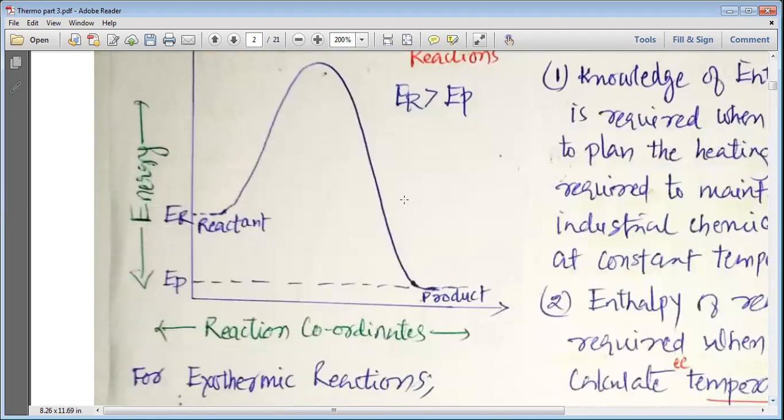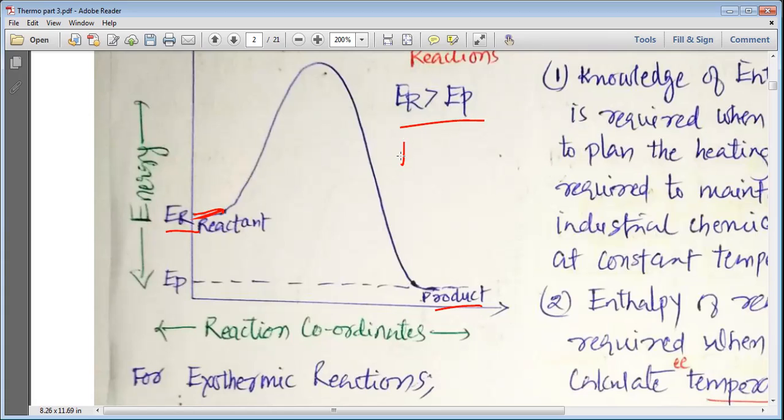Now here what happens is that there is a certain energy present with the reactants, and when the products are formed, some energy is released, and that is why the products have lower energy than the reactants. So here we can say that the energy of the reactants is more than the energy of the products.